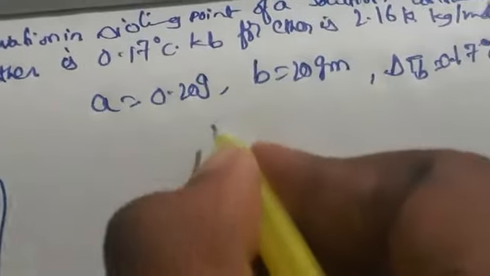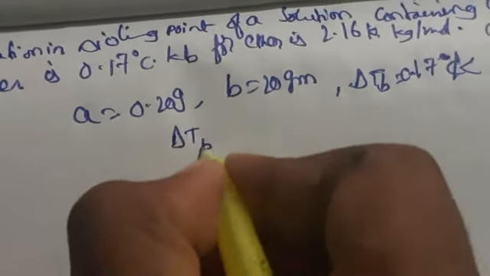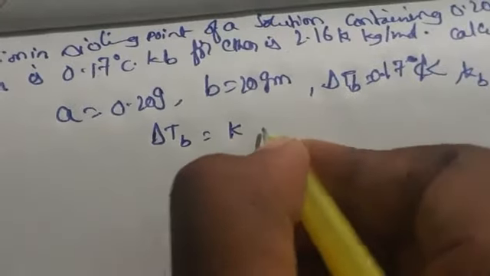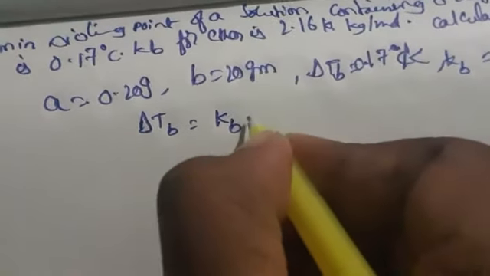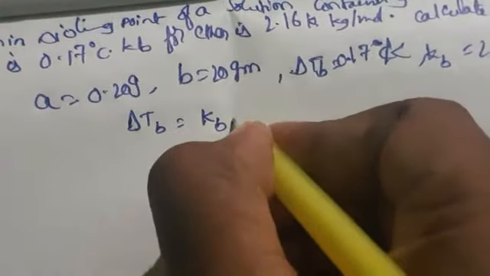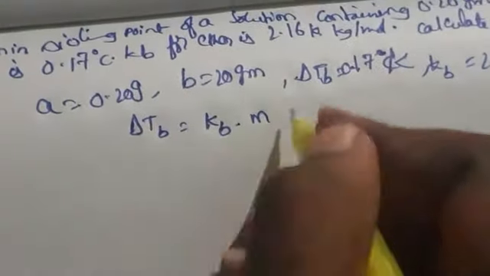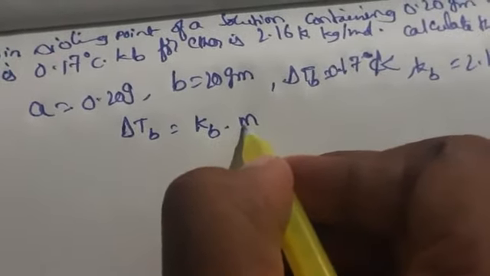So what is the formula generally? Delta Tb, the elevation in boiling point, is equal to Kb into m, where m indicates the molality of the solution.